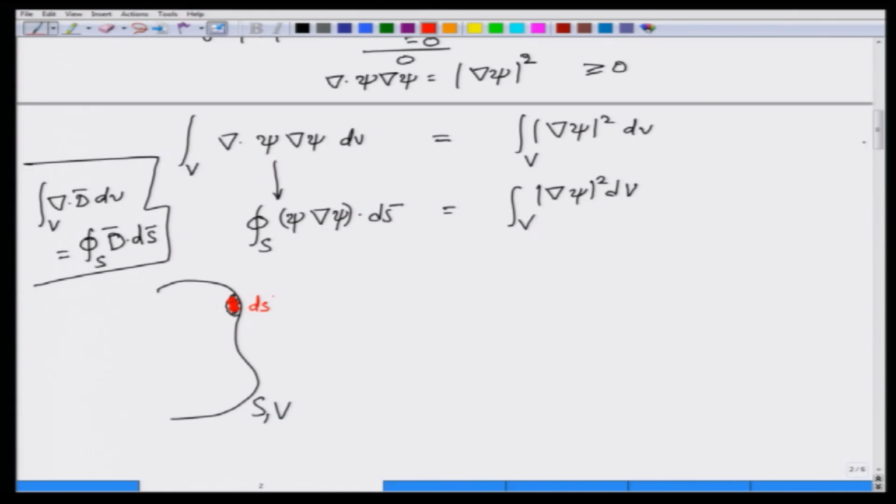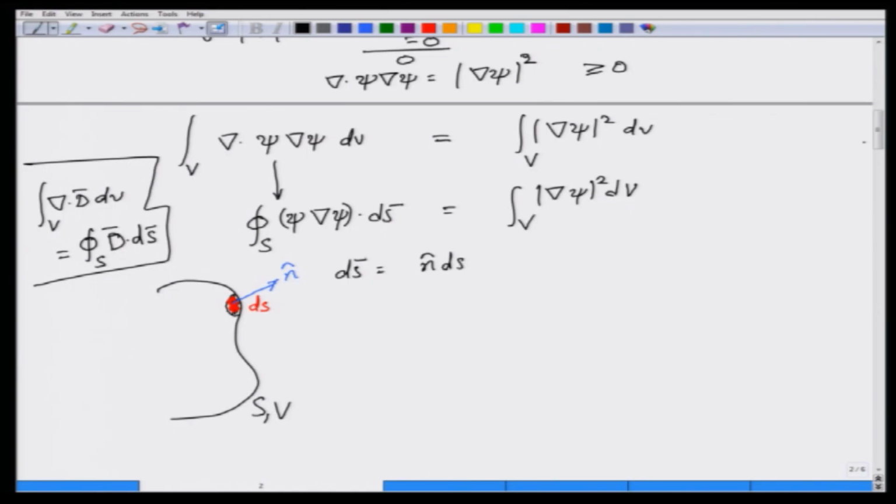This surface element has an area of ds, but it points in the direction normal to the surface. The vector surface element ds bar is given by n hat ds, that is, it has a magnitude of ds, the differential surface area at that particular point, but the vector element points normal to the surface, and that is given by this n hat direction.